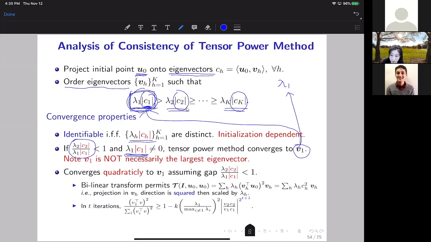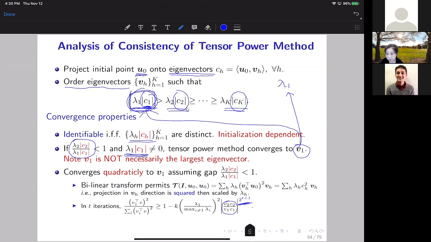Okay, so that's very different from matrix. The takeaway message is that V1 is not necessarily the largest eigenvector. And what's interesting to see is one benefit of doing tensor power method is that it converges quadratically. So it's not linearly, it's now quadratically because of this term here. So it's this ratio to the power of 2 to the power of t plus 1.